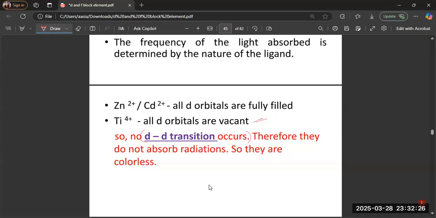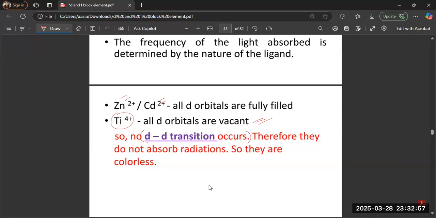In the case of zinc 2+ and cadmium 2+, all the d orbitals are fully filled, so there are no unpaired electrons. In Ti4+, all the d orbitals are vacant. So there is no d-d transition, and they do not absorb radiation. If they don't absorb radiation, they will not show any complementary color, so they are colorless.